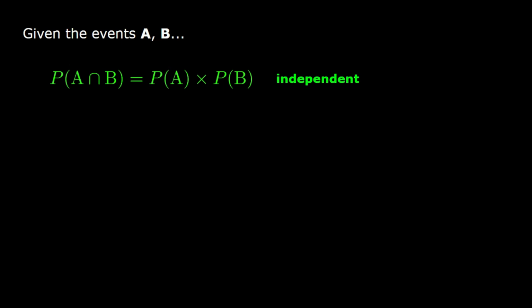And if you're at all uncertain as to whether you have independent events or not, then you better use this formula. So if you're calculating the probability of two events occurring, either in succession or simultaneously, then you better make sure that you consider the event A might have had some effect on B. Unless, of course, it's given in the problem that A and B are independent, and then you don't have to worry about it.